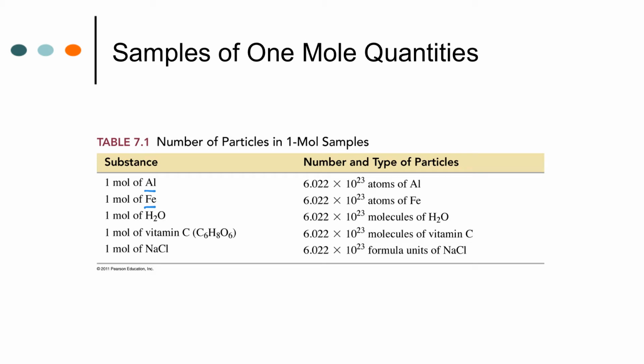And then here we have 2 covalent compounds, water and vitamin C. Both of those we refer to as molecules. And then 1 mole of sodium chloride are formula units of sodium chloride. But 1 mole of each of those is equal to 6.022 times 10 to the 23rd, whether it's atoms, molecules, or formula units.